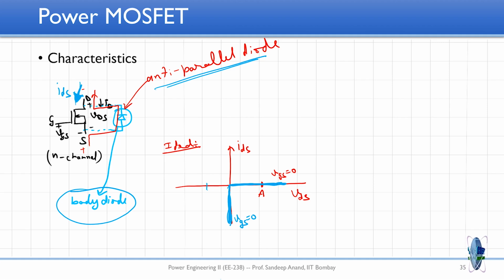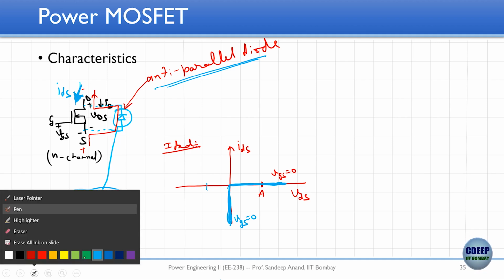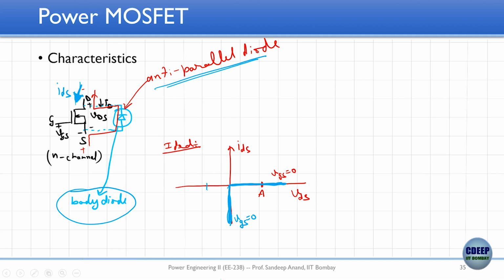Okay, let's come to what happens if the gate to source voltage is now positive. In that case, the drain to source becomes almost like a short circuit in the ideal condition, right? So the device is on. Even if you apply the slightest amount of positive voltage, you will get a positive current if the gate to source voltage is greater than the threshold voltage.